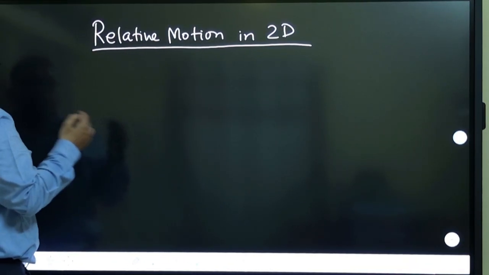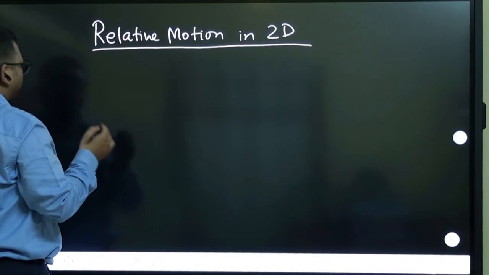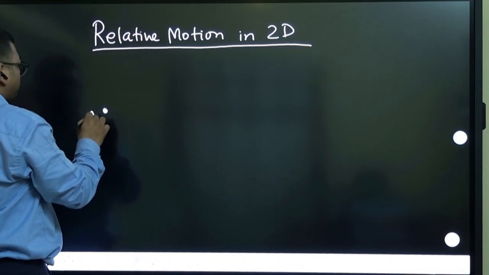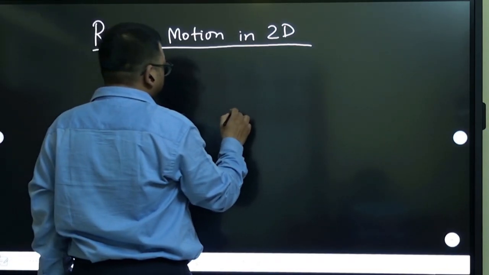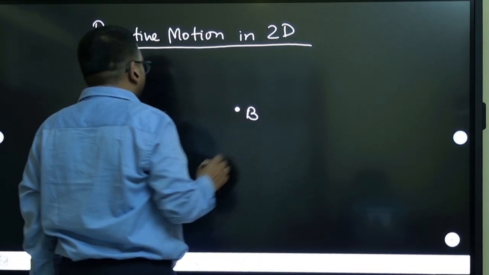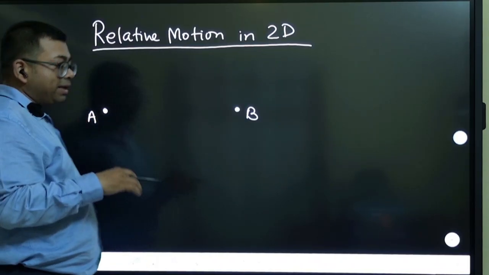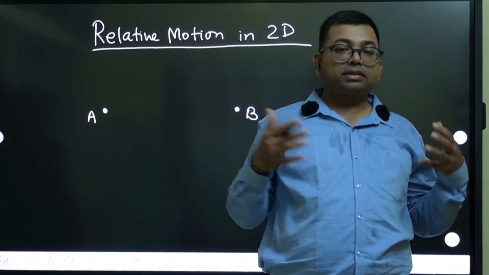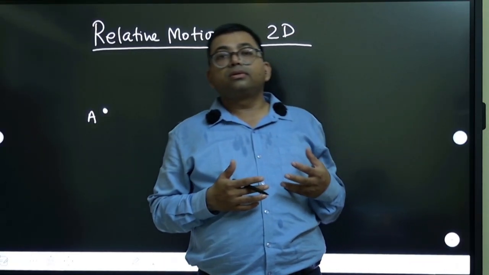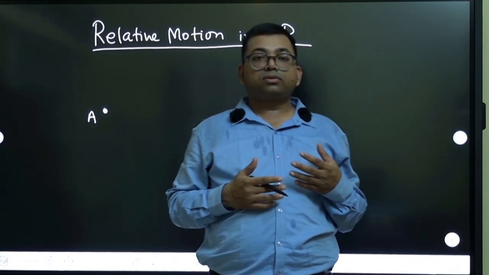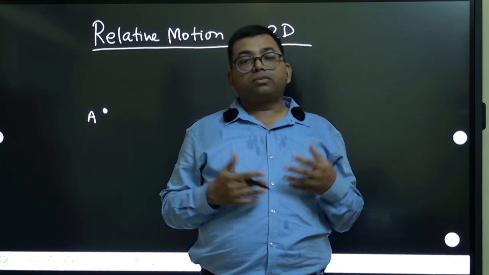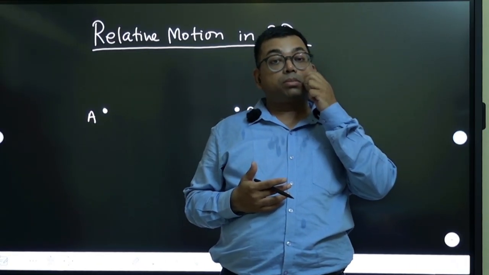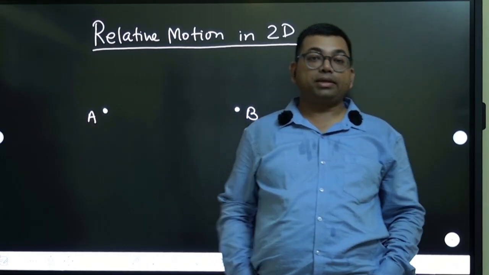Okay, so what does relative motion in two dimensions mean? Suppose this is an object A and this is an object B. Previously in one dimension, if you remember, both the particles were moving in the same line. That was one dimensional motion, but in two dimensions they can move in any direction.